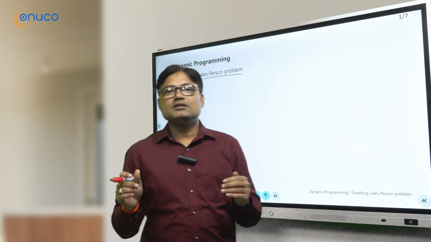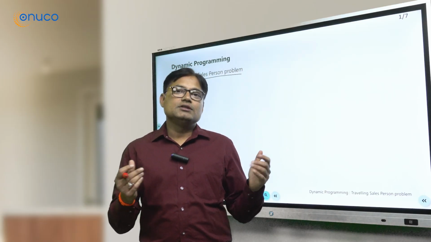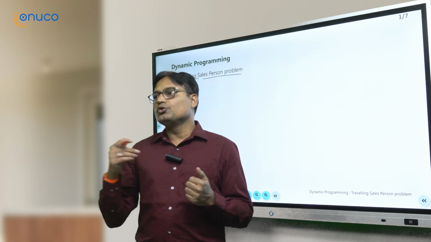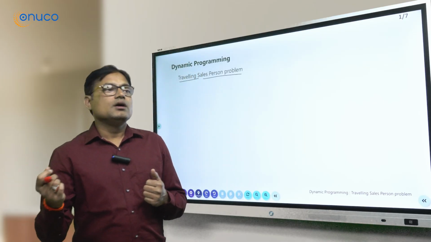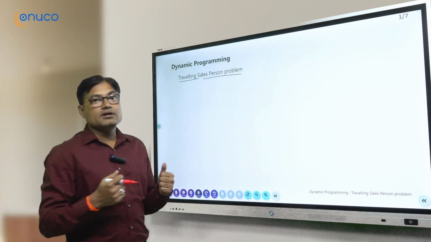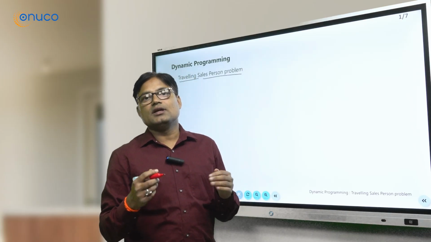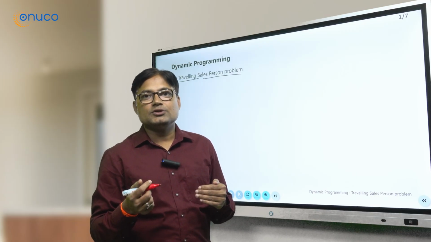As we can see in real life, in the postman problem, what will happen? They will try to collect all the letters from the post office and go and distribute those letters door to door, right, in order to cover less distance. When you talk about less distance, it means less cost, or you can say less time.